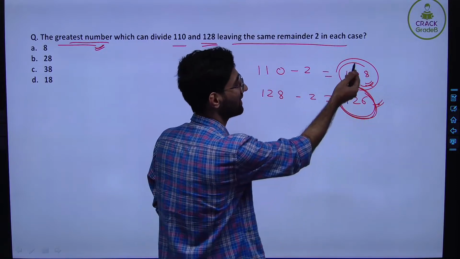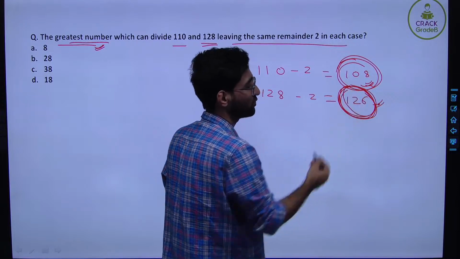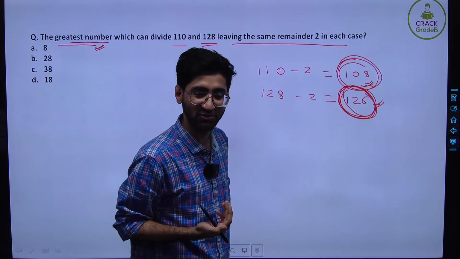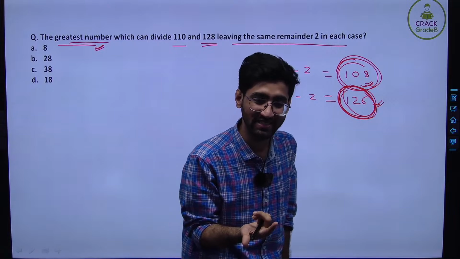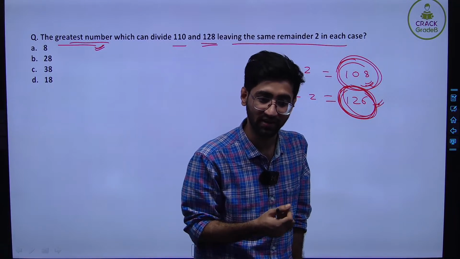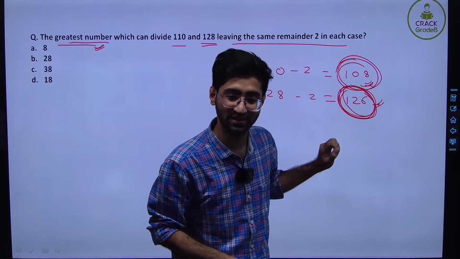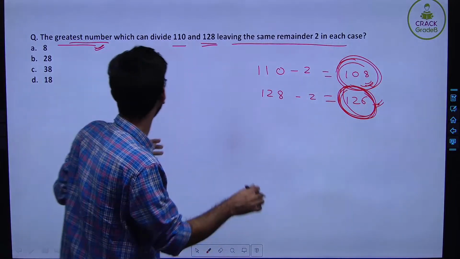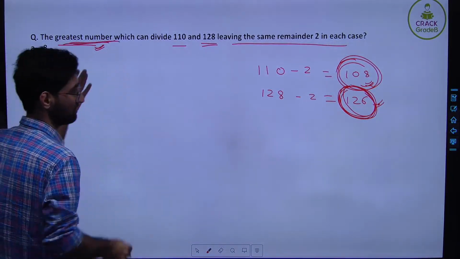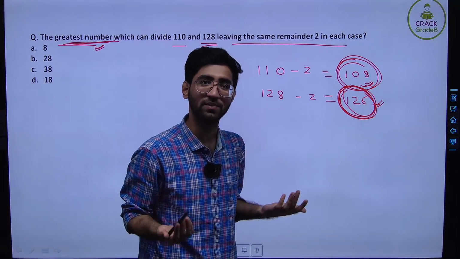So now answer me, what will be the greatest number that can divide both numbers 108 and 126? It means you have to find the HCF. What is the meaning of HCF? Highest common factor, the highest number that can divide the given numbers. And again, if you read the question carefully, you have to find the greatest number that can divide these two numbers completely.